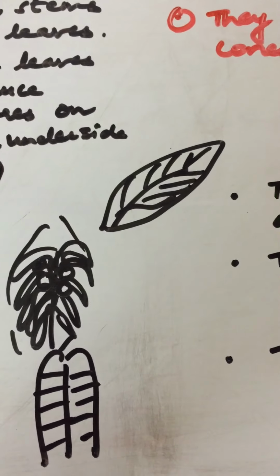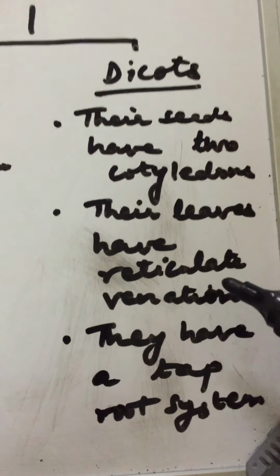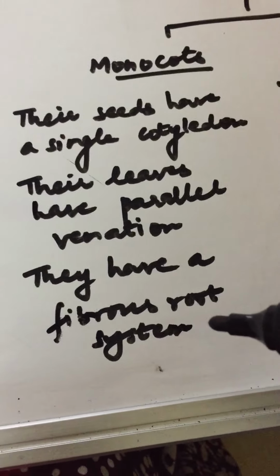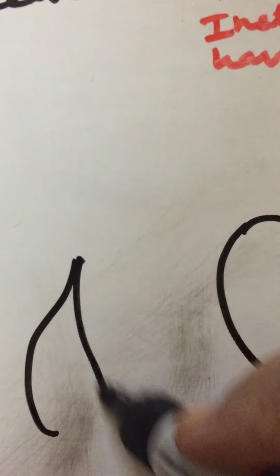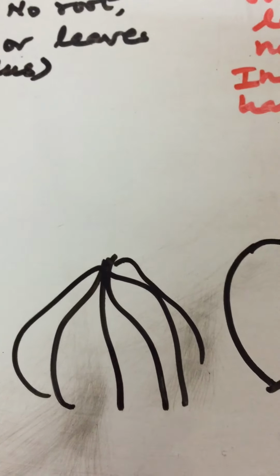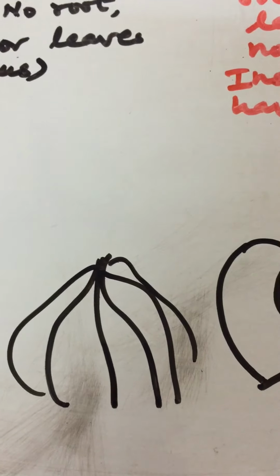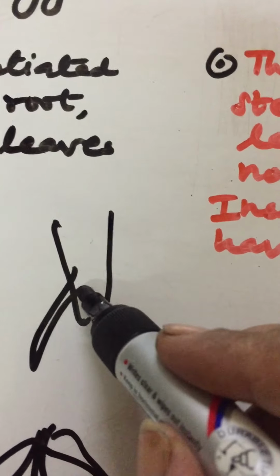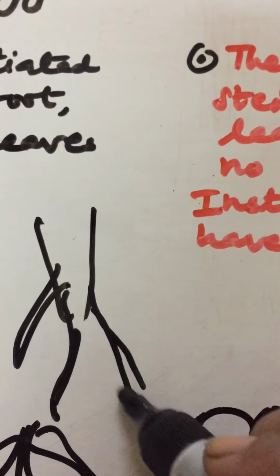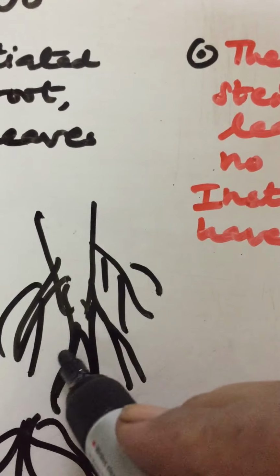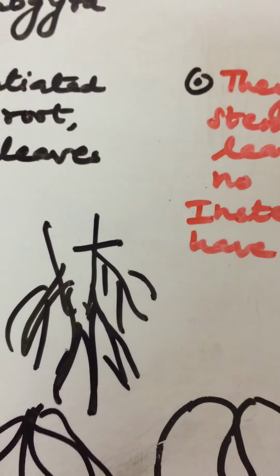This kind of net-like venation can be seen in dicots and it is called reticulate venation. Monocots have a fibrous root system. If you check out the root system of grass, it is something like this, a bunch of fibers. You don't see a well developed primary root. But dicots have a tap root system with a well developed tap root from which side roots or secondary roots come out, from which root hairs come out. A well developed tap root is there.